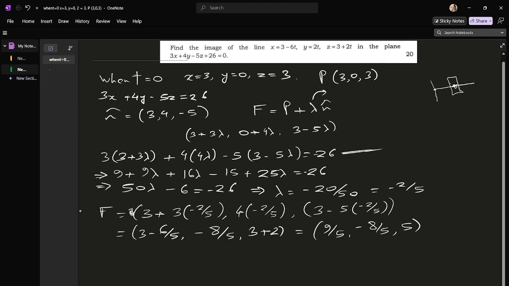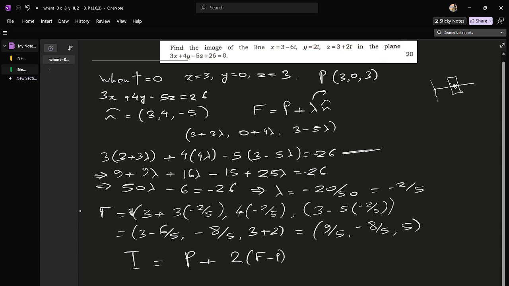So now we have to find the image of the point with respect to the plane. The image I will be equal to the given point plus twice the distance between the foot of the perpendicular and the point.